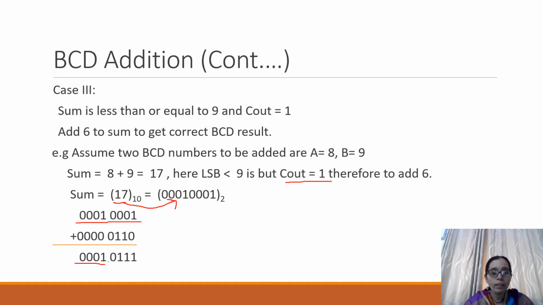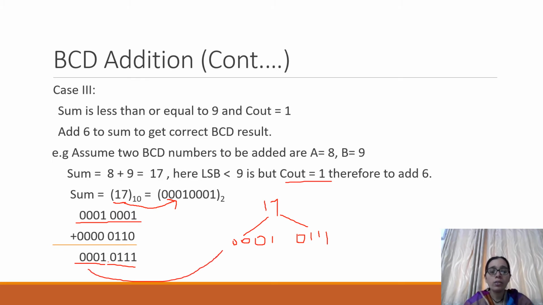So how 17 will be represented in BCD now? 17 will be represented as 0 0 0 1 separate and 7 as 0 1 1 1. Therefore this is our correct result, that is 17.